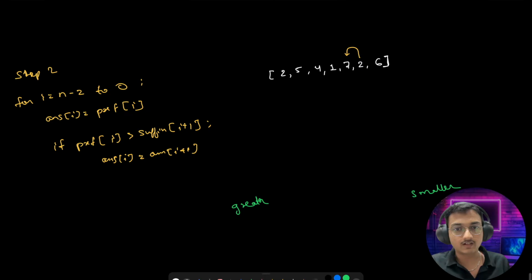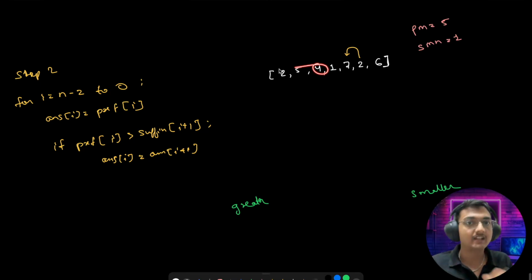Let me write it down. So prefix max equals 5, and suffix minimum is equal to 1. Now there are two cases. Currently we can see that this is 5 and this is 4, but at runtime the program doesn't know that. So we have two cases.